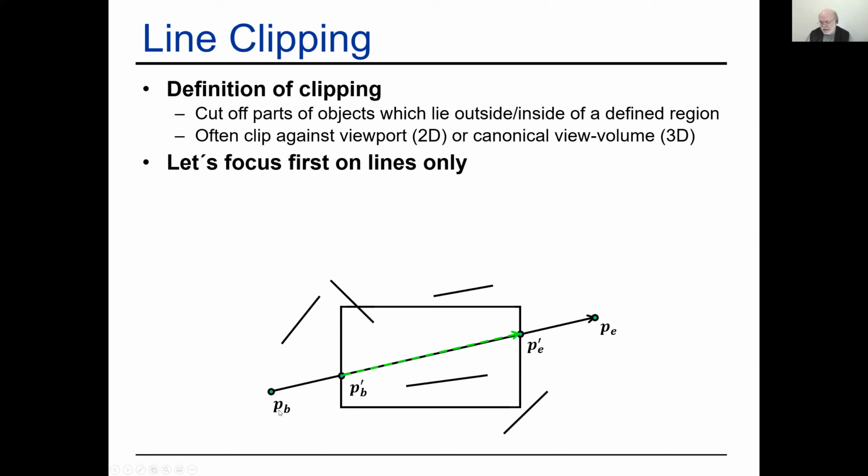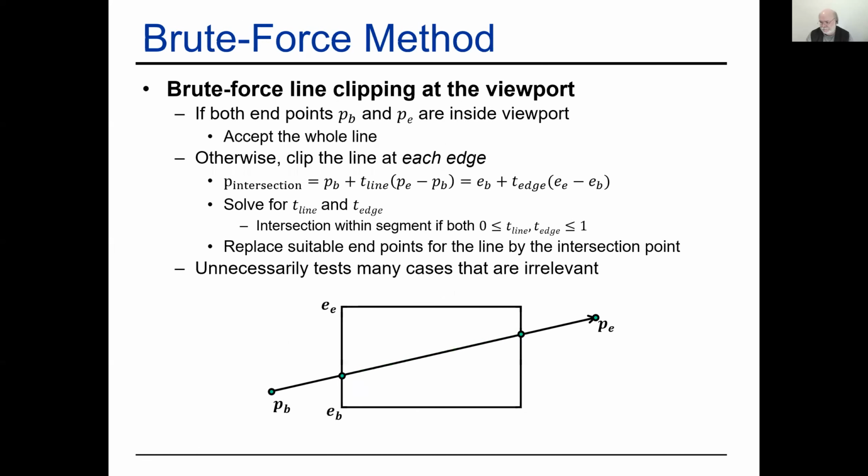So PB is the beginning point, PE is the end point. From the original PB and PE, the two original points, we have to define the new clipped beginning and end point that represent the remaining part of the line that actually is on the screen. That's the focus of clipping.